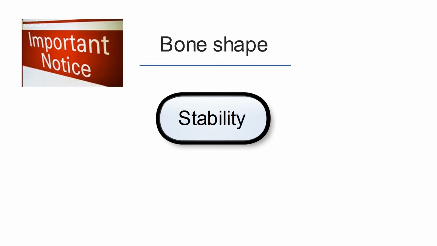Whenever we talk about a synovial joint, we must address the stability of the joint. Now, the hip joint is quite stable, and this is a very important notice. It is hard to dislocate, hard to pull the head of the femur out of the socket. Why is that? Because of the bone shape.